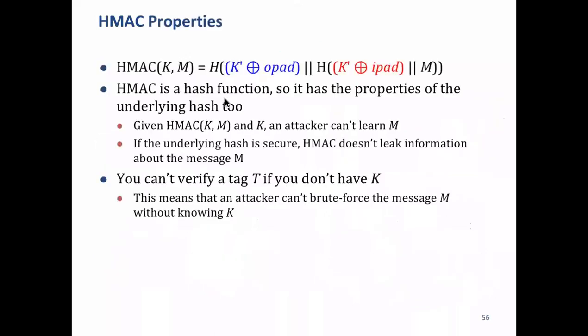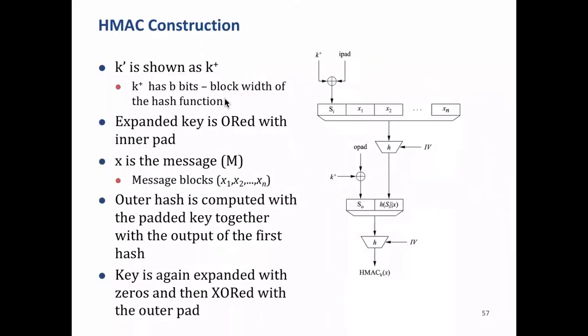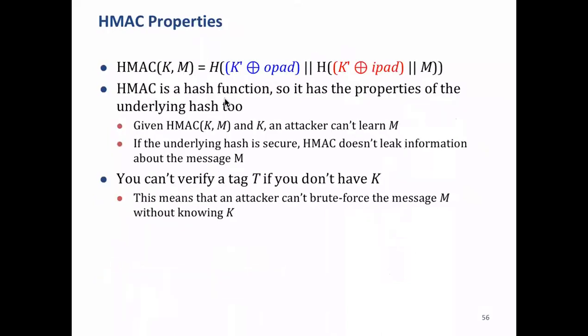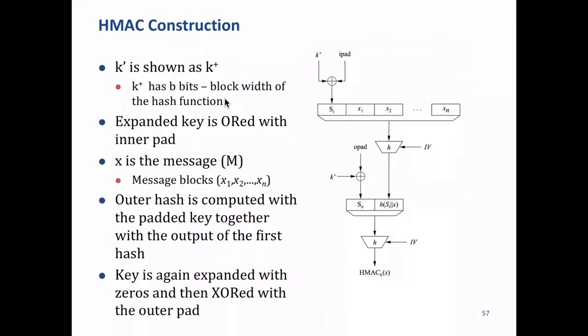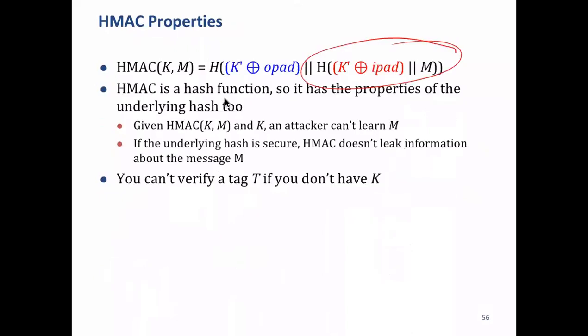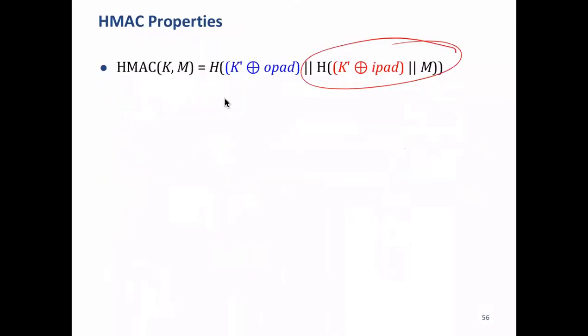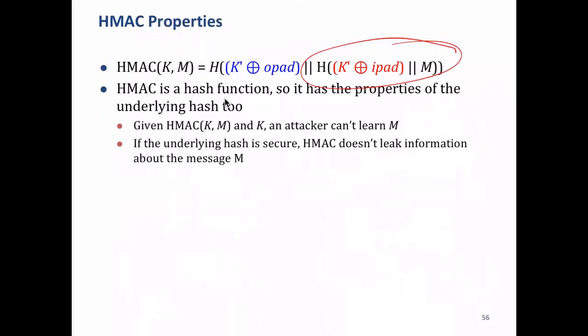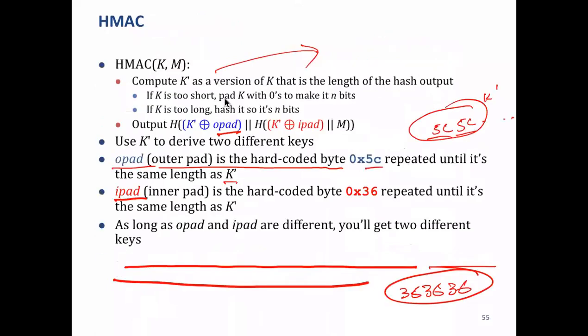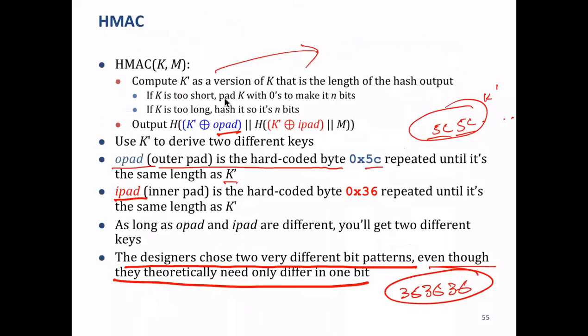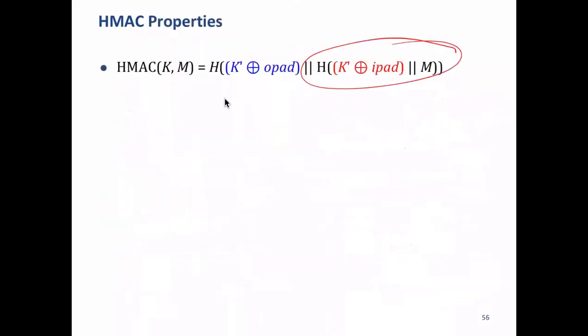So now if you look at it, how do you create it? First is this outer function that we have created. You look at IPAD, which is nothing but a bit pattern, 5C, 5C. Oh, OPAD is 5C, 5C. IPAD is 3636, sorry.